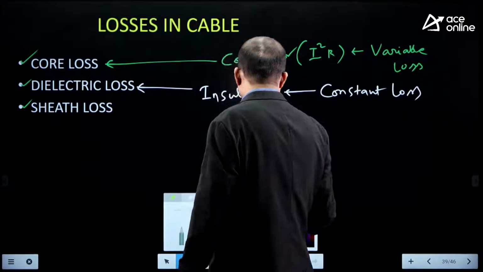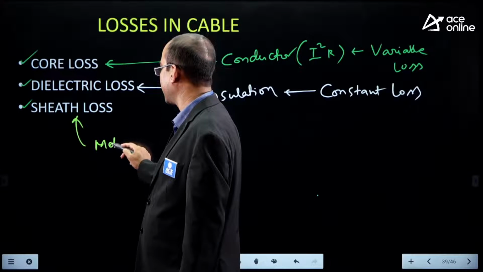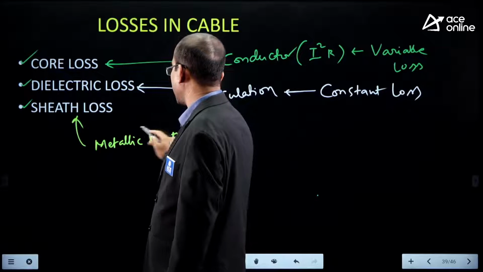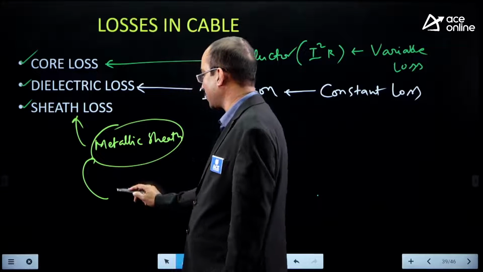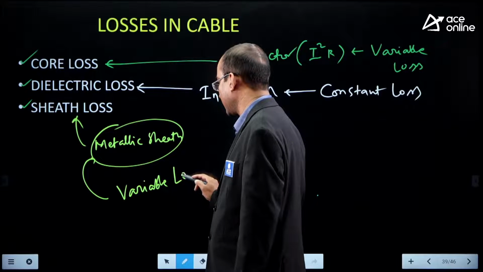And this is the sheet loss. This takes place in the metallic sheet. Is sheet loss a constant or variable loss? This is also a variable loss.